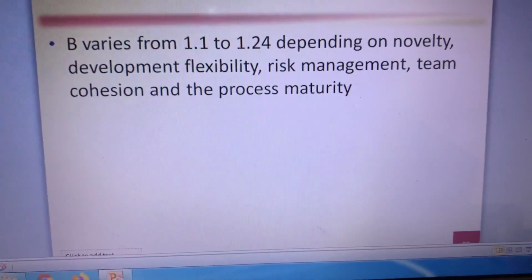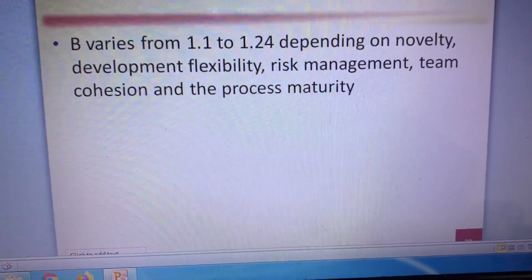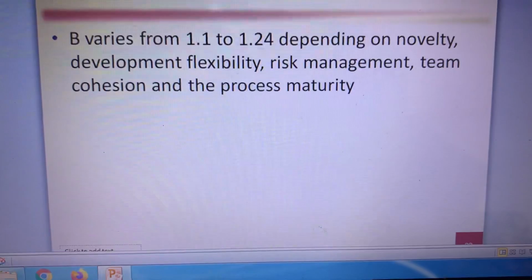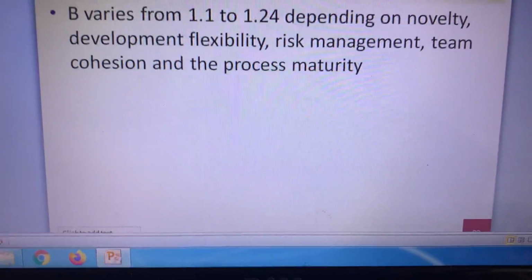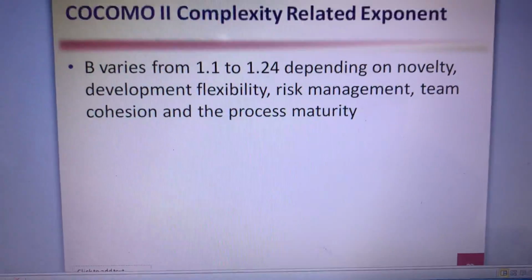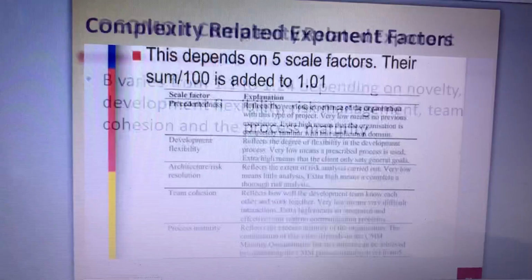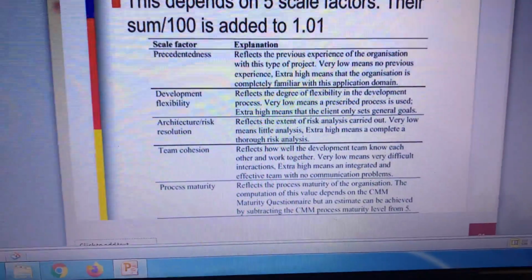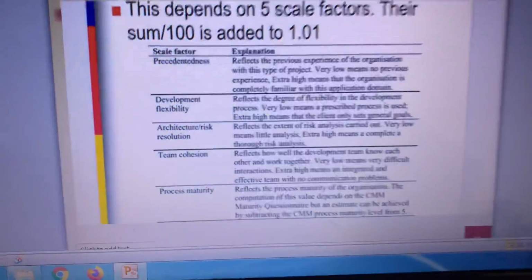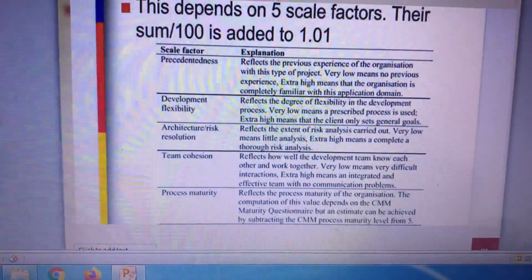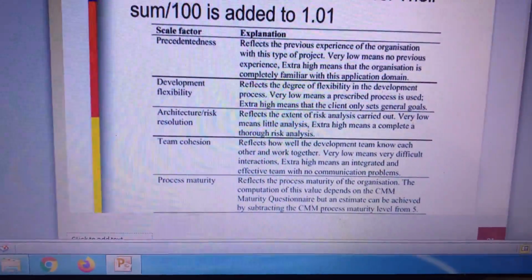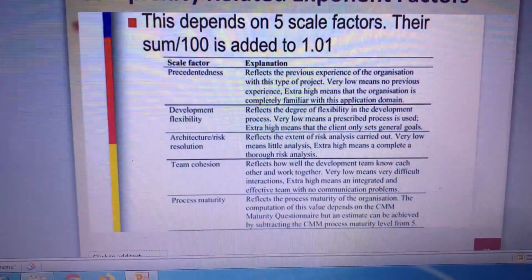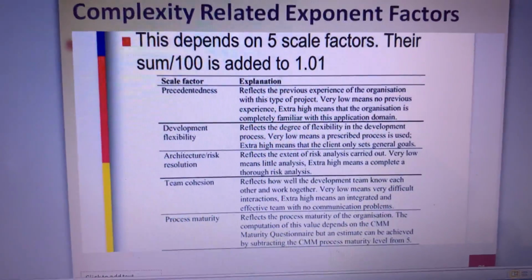B value normally varies from 1.1 to 1.424 depending upon novelty of the project, development flexibility, risk management, team cohesion, and process maturity. So we have novelty, how much it is similar to previous projects, what is the precedence of the project, how much the flexibility, and how much the risk management, the team cohesion.